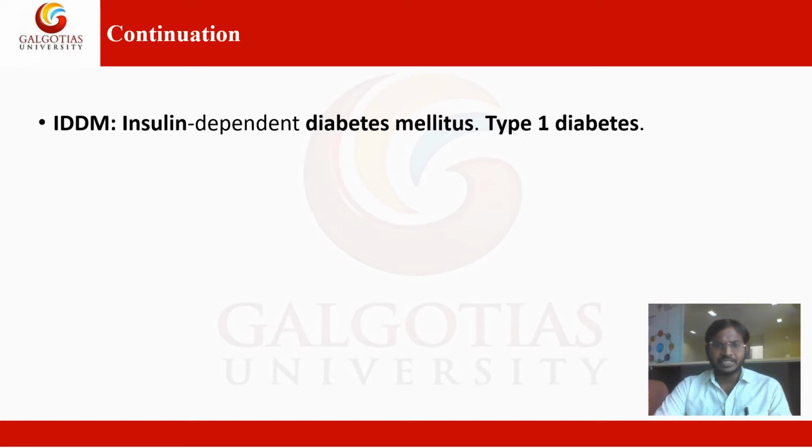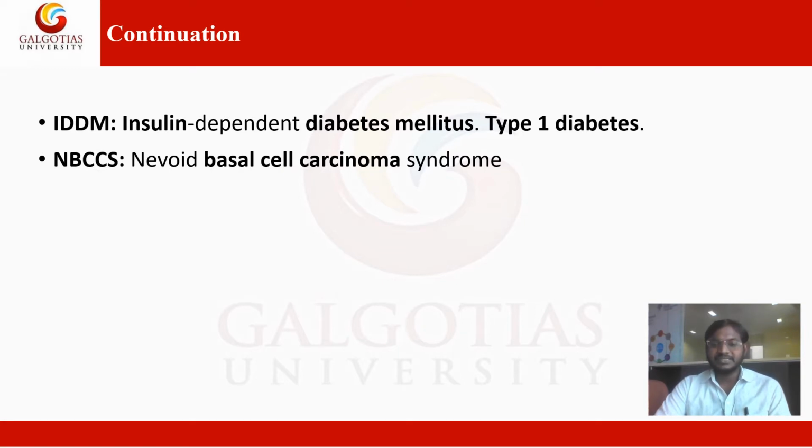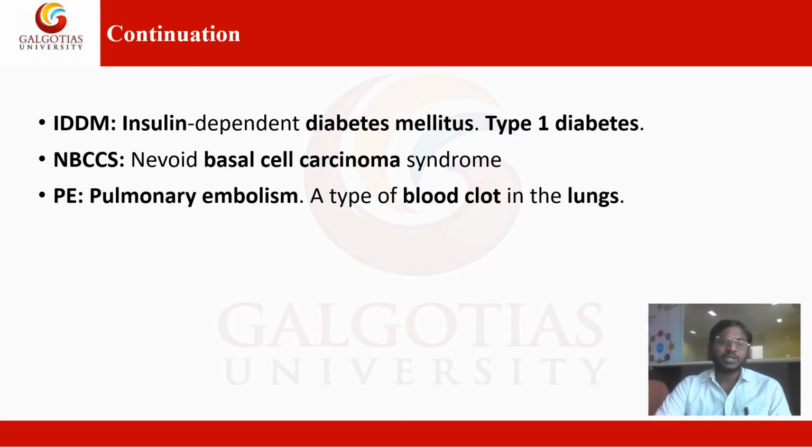And the continuation: IDDM, insulin dependent diabetes mellitus, type 1 diabetes. NBCCS, nevoid basal cell carcinoma syndrome, a cancer related to basal cells, a type of epithelial cell. PE, pulmonary embolism.